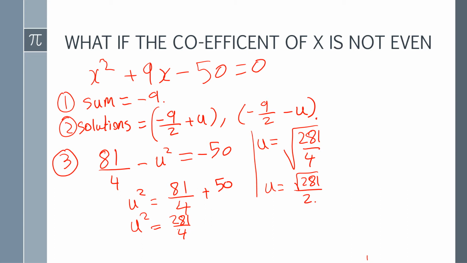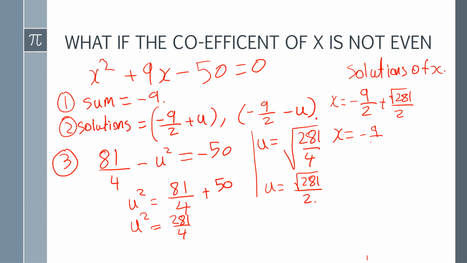Then you're going to put that in the solutions. So solutions of x is going to be minus 9 over 2 plus square root of 281 divided by 2, and the second solution is going to be minus 9 over 2 minus square root of 281 divided by 2.